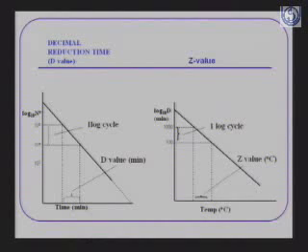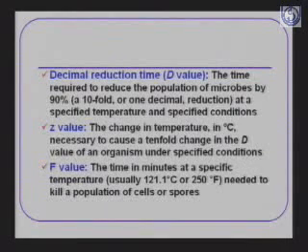Then the other graph you can see is the Z value. Z value is obtained from the thermal resistance curve, which is plotted between the log D values and the temperature. So the temperature span which is required for a reduction in one log D value is termed as the Z value. Here I am giving you the definition of D value, Z value and F value.